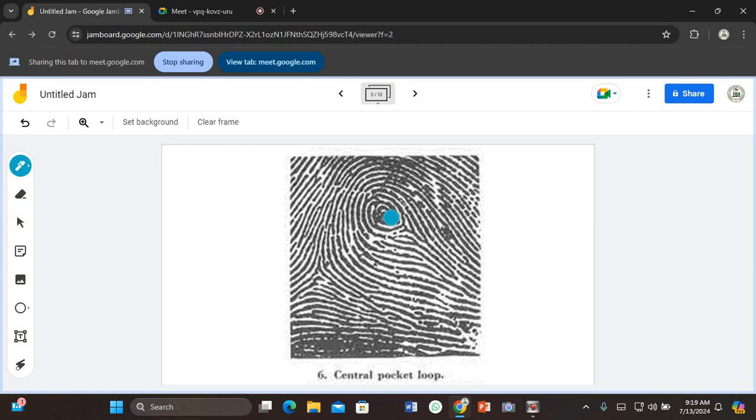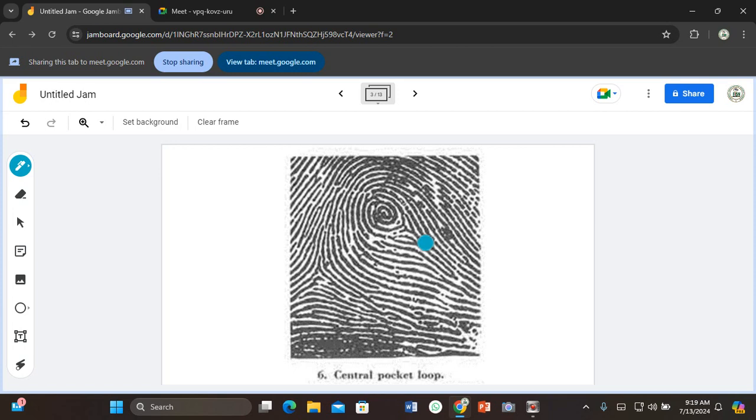But in the plain loop, it must touch. By the time you draw a line from the first one to the second one, it must touch. But this one, it will not touch it because of the way it is formed.